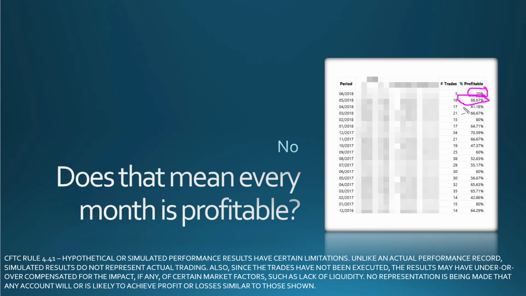66.67. Here, it was 41, 66, 80, 60, right at 65, 70, 66, 47, 60, 52, 55, 60, 56, 65, 65, 42, 80, 64. Remember that 59% I told you about? Okay.